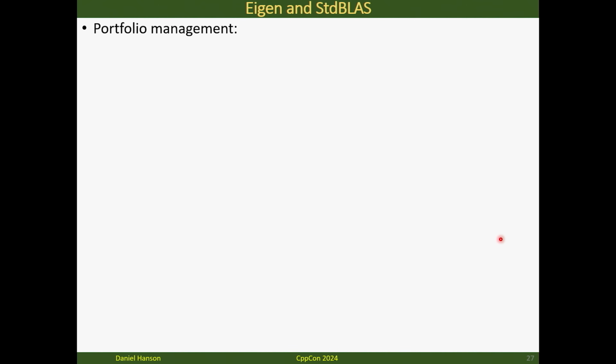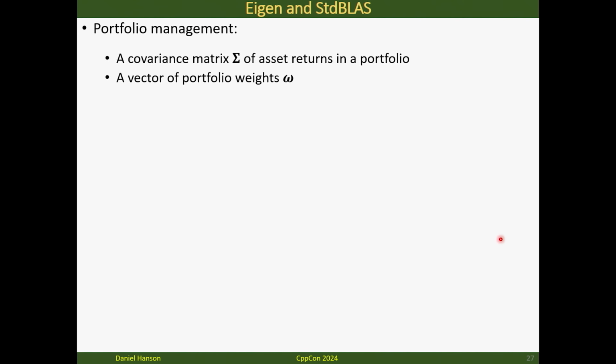So again, going back to portfolio management, you are often dealing with the covariance matrix of the asset returns in a portfolio. You're also given a vector of portfolio weights, omega.